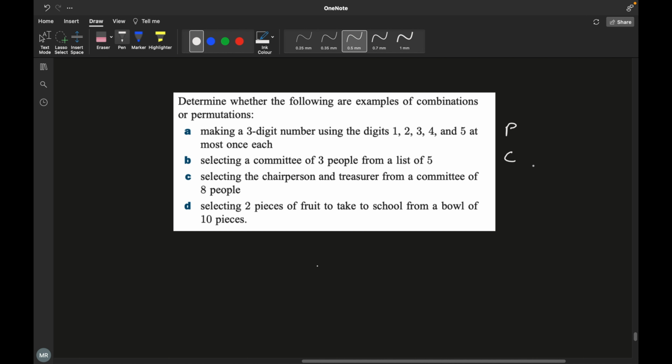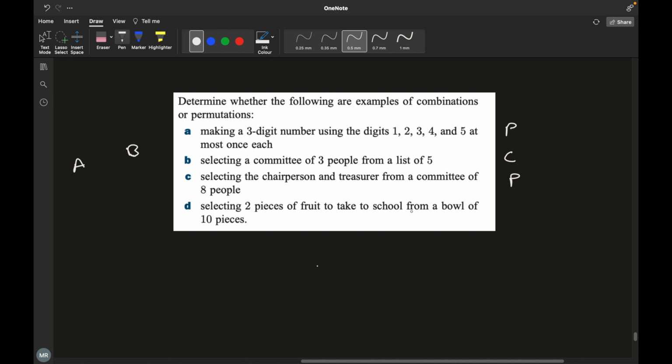And now selecting the chairperson and the treasurer from a committee of 8 people. In this one, the order matters, because let's say a guy called A and a guy called B, the first one is the chairperson and the second one is the treasurer, but it can also be the other way around, right? So therefore here permutation is more apt.